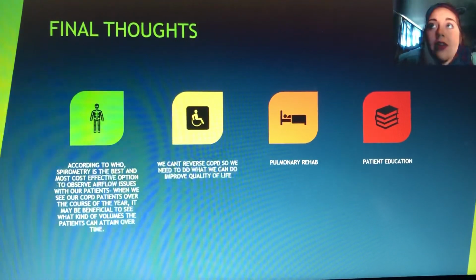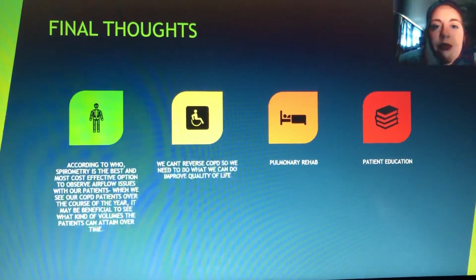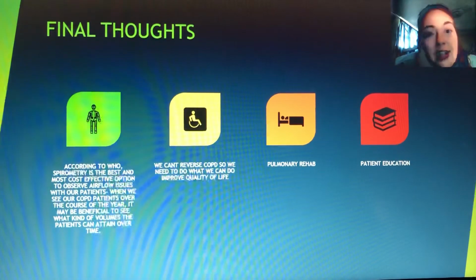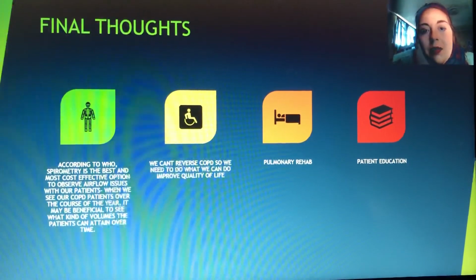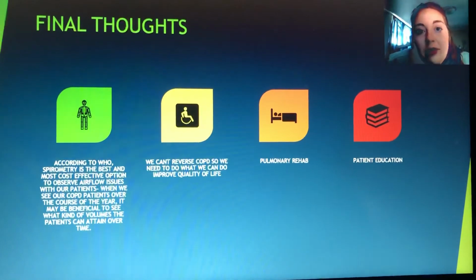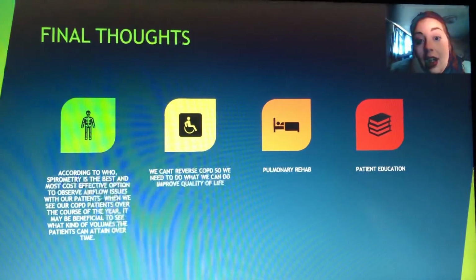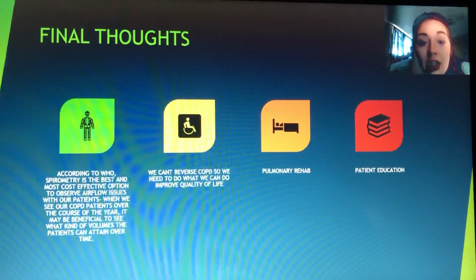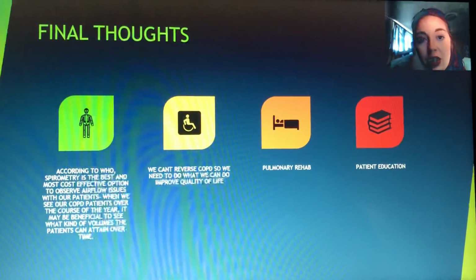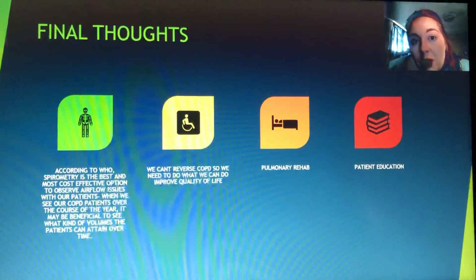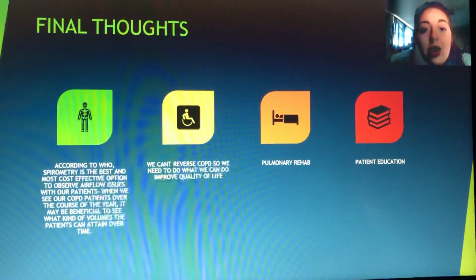So I had a thought that was sort of interesting about potentially, over the course of the year, when we see these COPD patients, keeping track of their spirometry volumes, seeing if their volumes are decreasing or potentially increasing to some degree over the course of the year. If they're decreasing, we can see that their disease progression is maybe a little bit quicker.